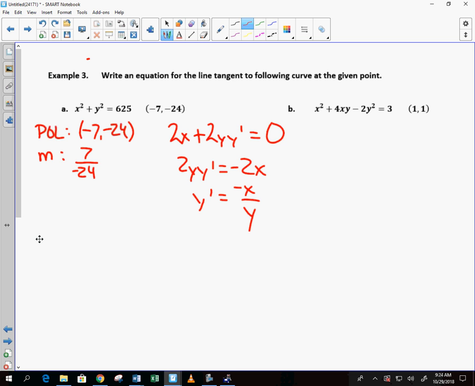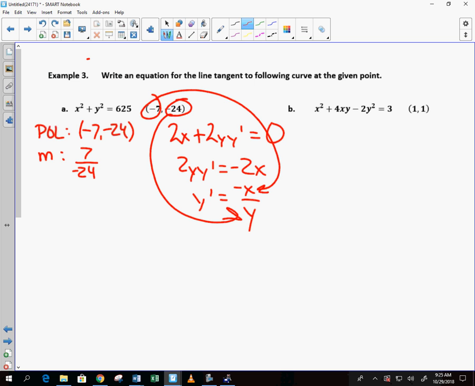Are we good now? Okay, this is the derivative. We plug the point in for negative x over y. The negative 7 goes in for the x. The negative 24 goes in for the y. We get 7 over negative 24.